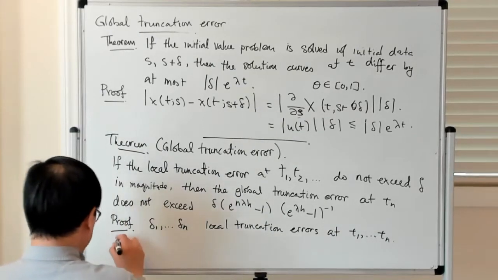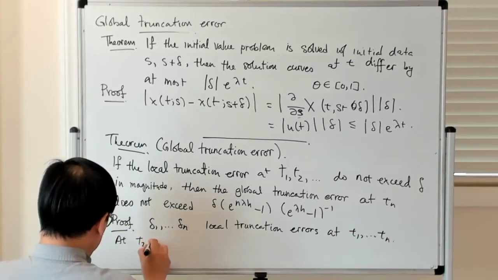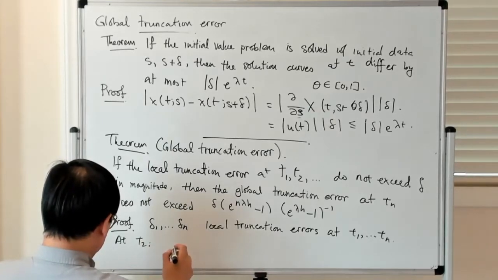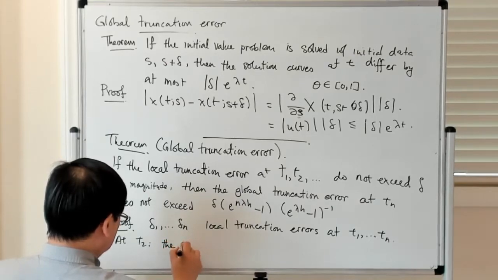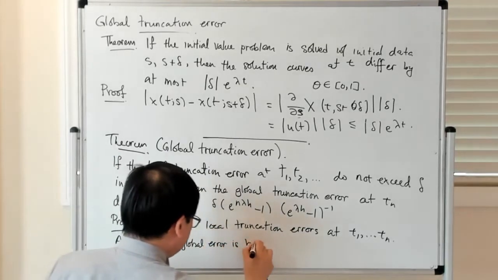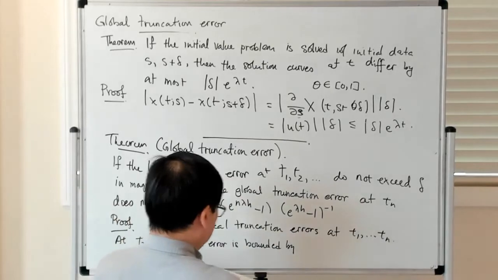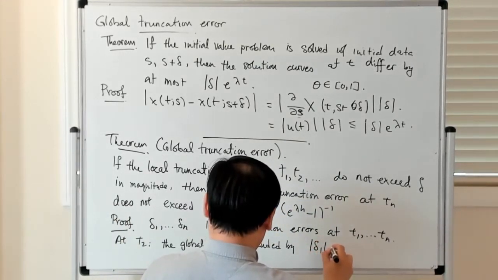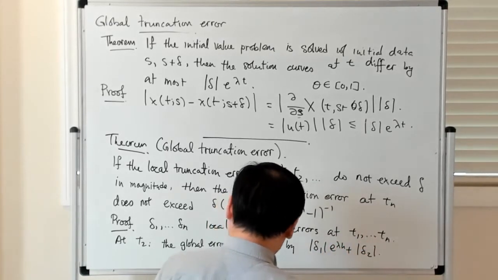So at T2, the global error you have is bounded by the truncation error at the first stage times the amplification plus the truncation error at the second stage.